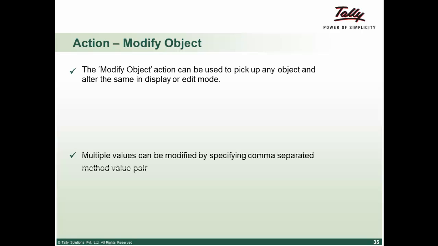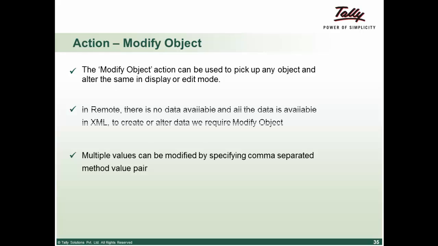Then we have an action called modify object. Modify object can be used to pick up any object and alter the same object in display mode or edit mode. As in the remote there is no data available and all data that we have is XML, in case a particular piece of data is to be created or altered, we require modify object.